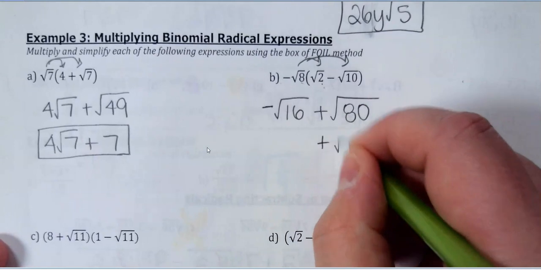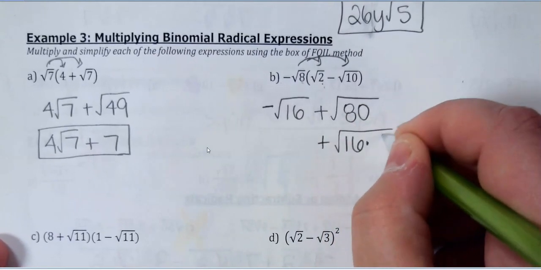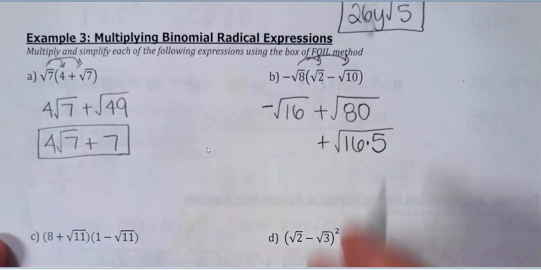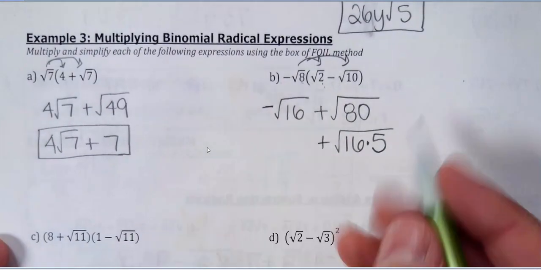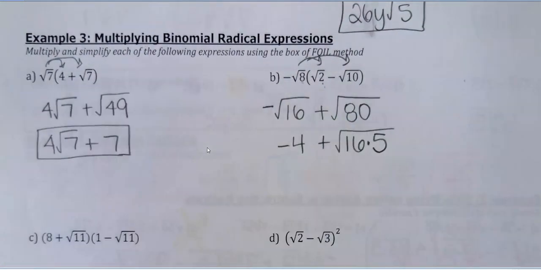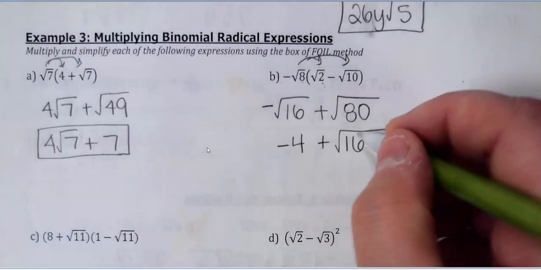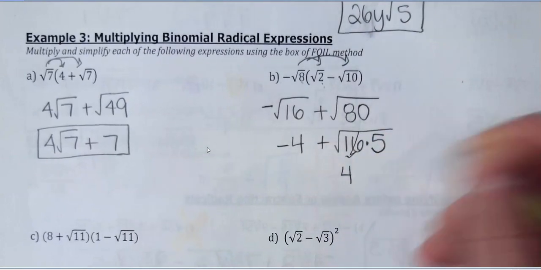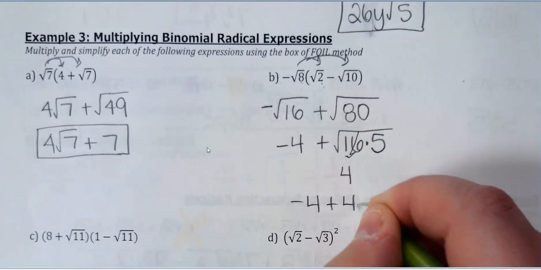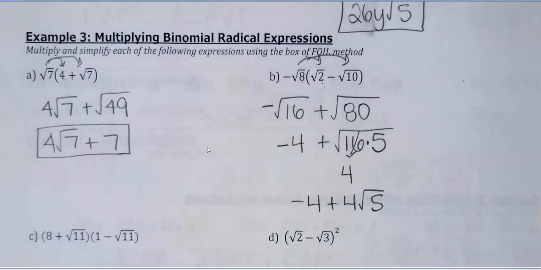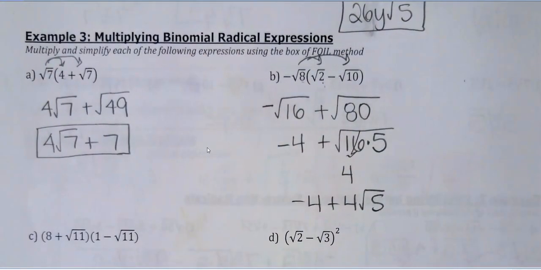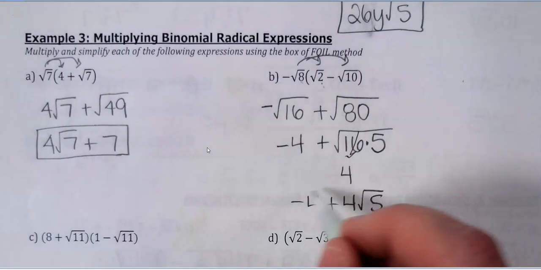I should have gotten some better variety with my numbers here, but 80 breaks down to 16 times 5. This first term is actually a perfect square. It's just going to be negative 4. And the negative is outside the square root, so we have a real root there. Square root of 16 is 4, with the little negative 1 out in front. This guy here, just 4 would come out, so it's negative 4 plus 4 roots of 5. And you cannot put those together, just like that last question. Those are not like terms. The negative 4 doesn't have a radical attached to it, so this would just be two separate terms.